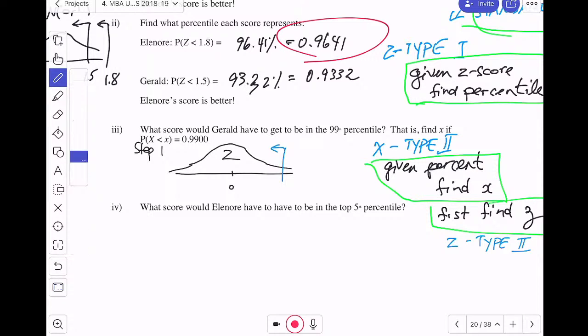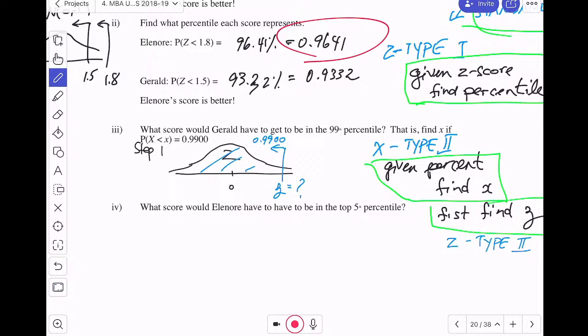So first I want to find Z where there's 99% below. This is a backward problem, so I have to do the steps in a backward fashion.